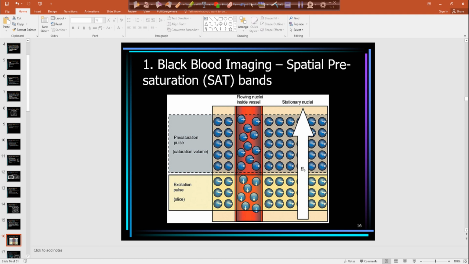Our blood flow's coming down through the descending aorta here. So we put that sat pulse above to flip the spins 90, so that once they go into the stack, they get flipped again another 90, and then they're fully saturated. So that's what's happening with those sat bands. Remember, you can put those sat bands inside the field of view or outside.